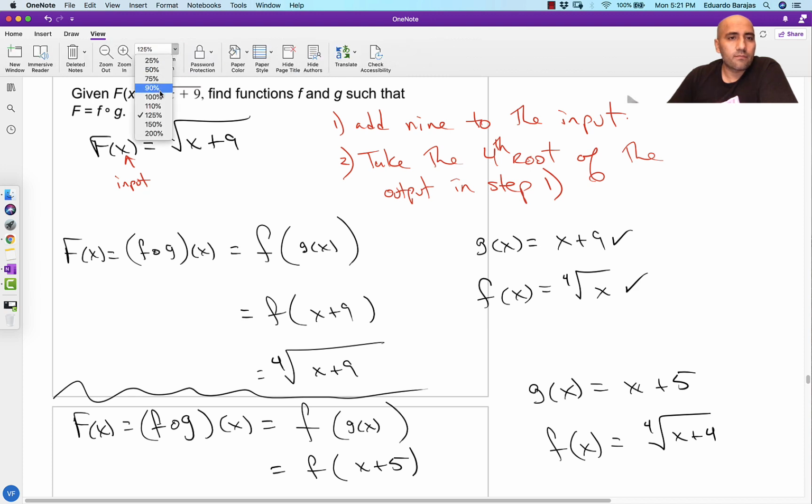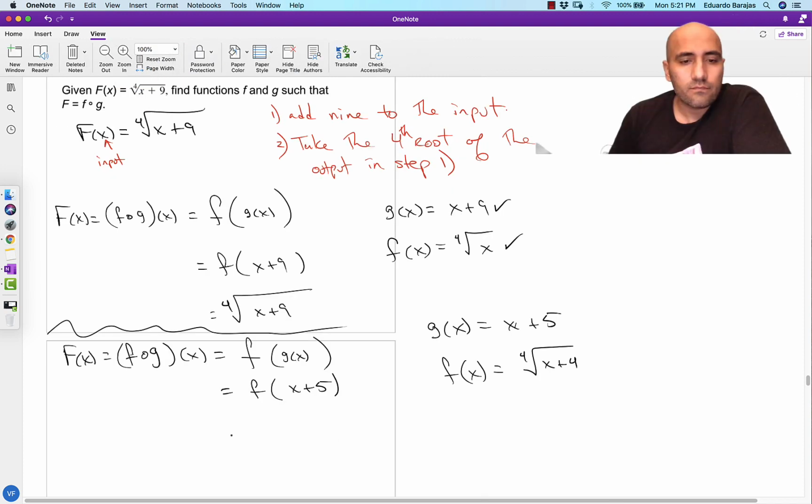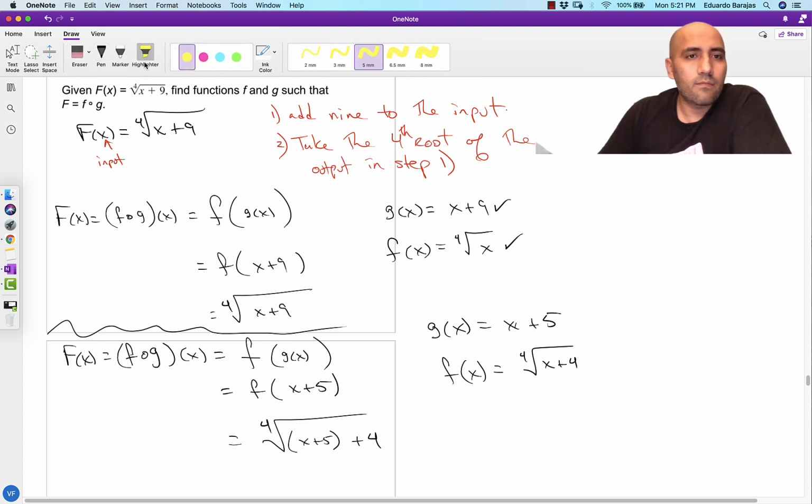Now the f would be the fourth root of the input plus 4. And that input is this x plus 5. So here is the input. And if f is defined this way, it's going to be the input plus 4, and then take the fourth root of that. So we get that. So that's another way to do it. Let's think of another way to do it.